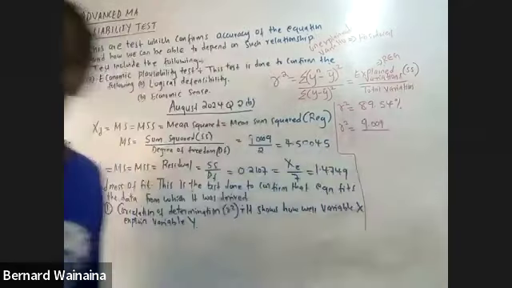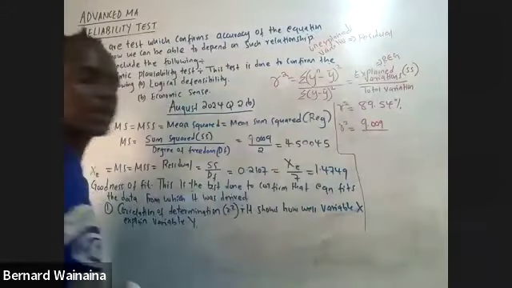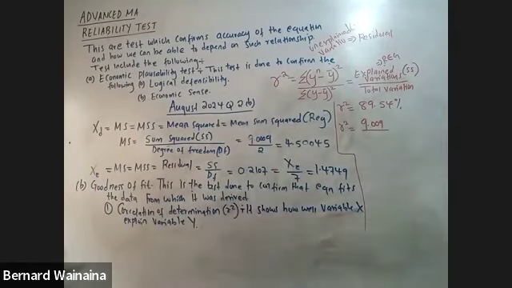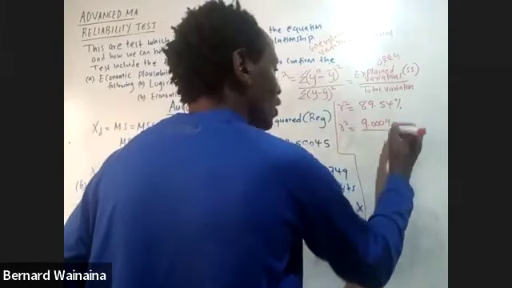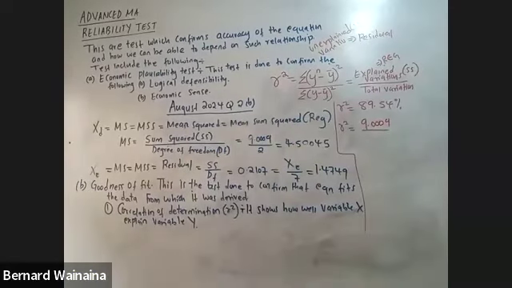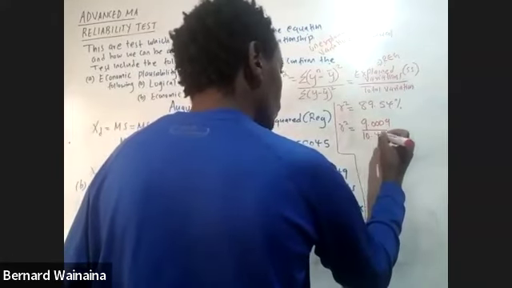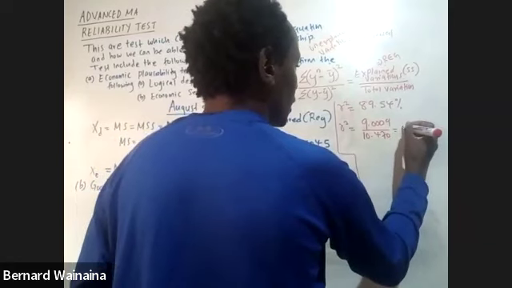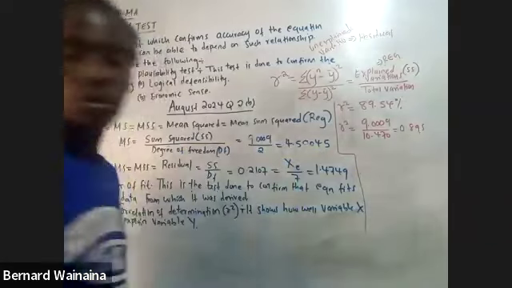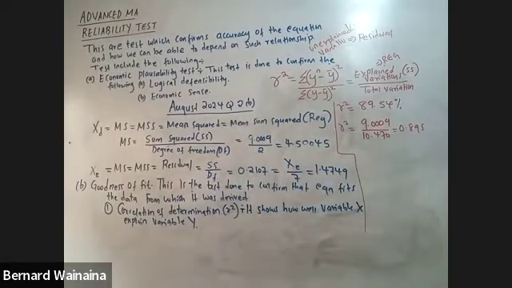Total variation is the summation of unexplained and explained. Total is the figure below, when you add those two, 10 point something. You will get around 0.895. So it is the same. Are we okay here?